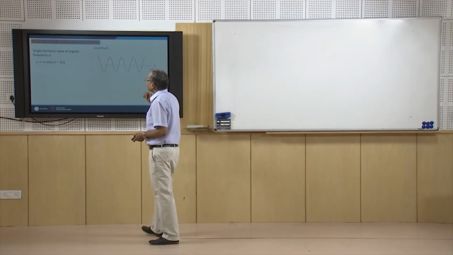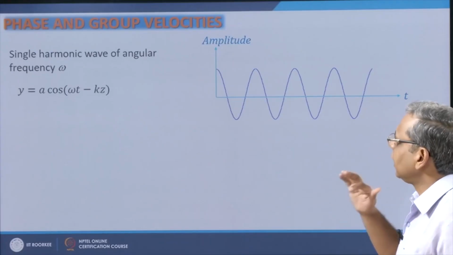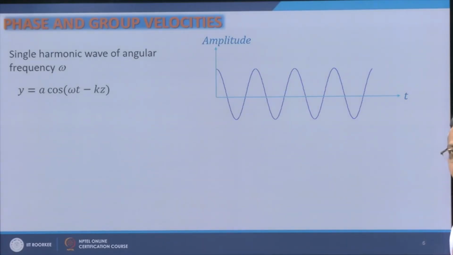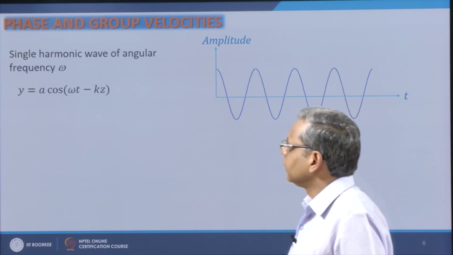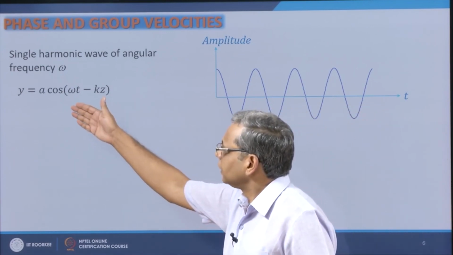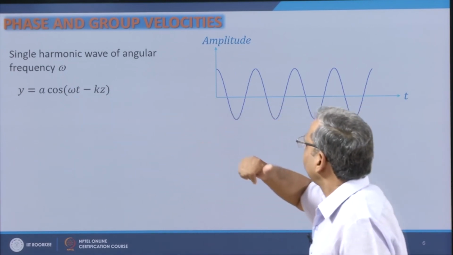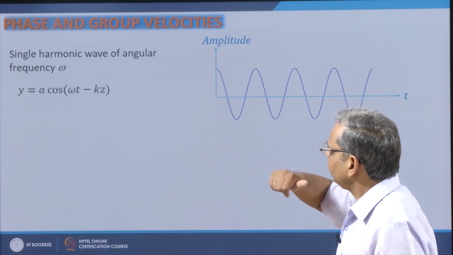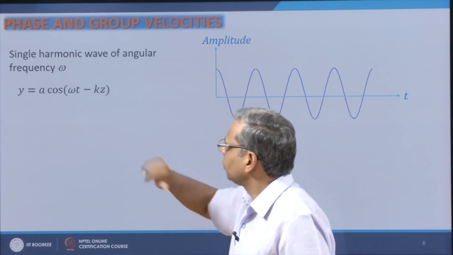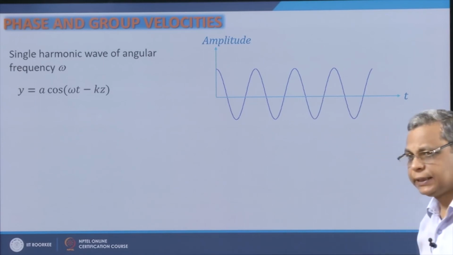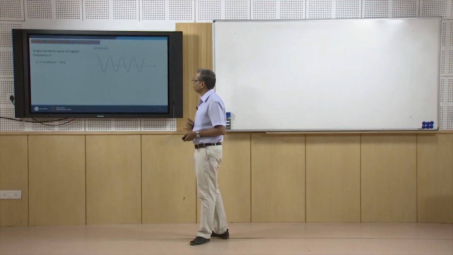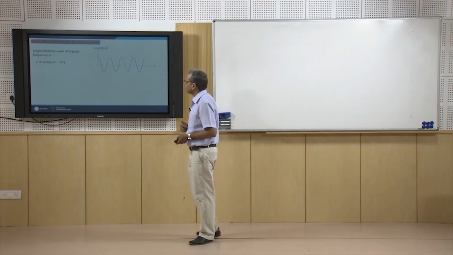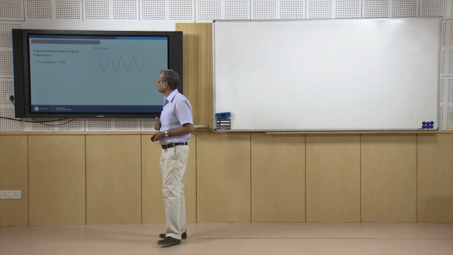So, if I first consider a single harmonic wave of angular frequency omega, which is propagating in the z direction, then I can write the displacement of this wave as y equals a cosine of (omega t minus kz), where a is the amplitude, omega is angular frequency, k is the wave vector.